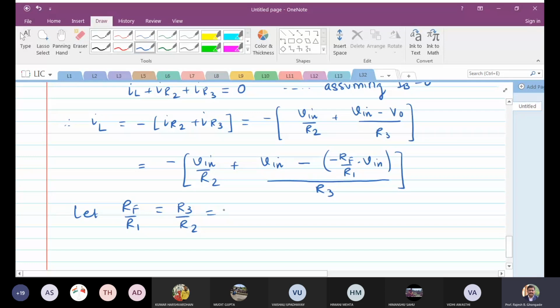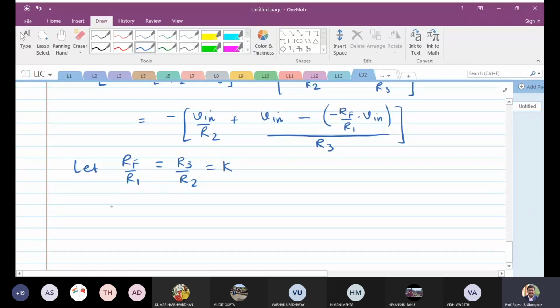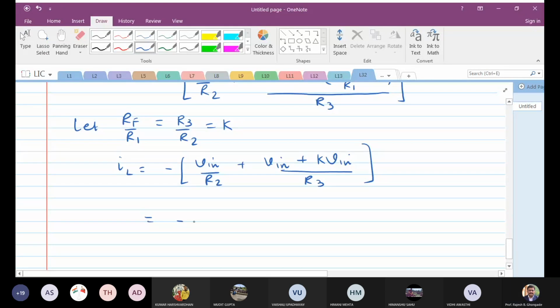We'll make it equal to K. Then I can write IL as minus V in by R2 plus V in plus K times V in by R3, which can be further simplified as minus V in into R3 plus 1 plus K into R2 divided by R2 R3.